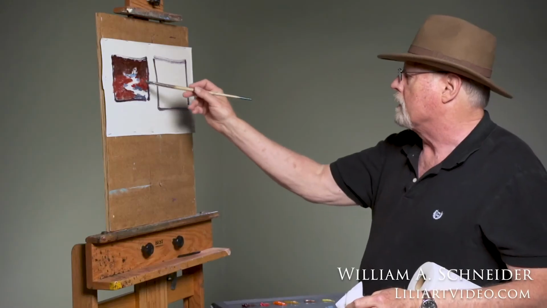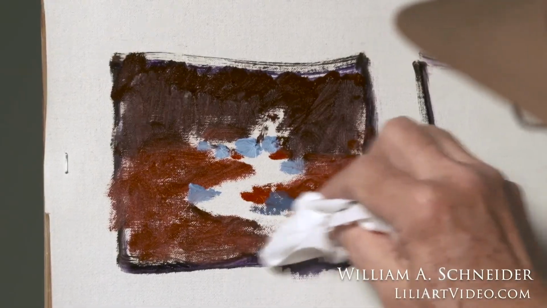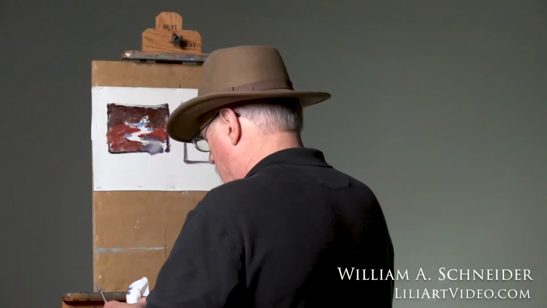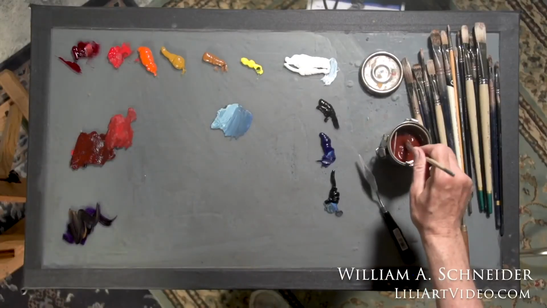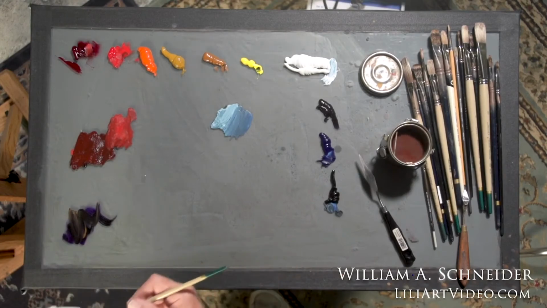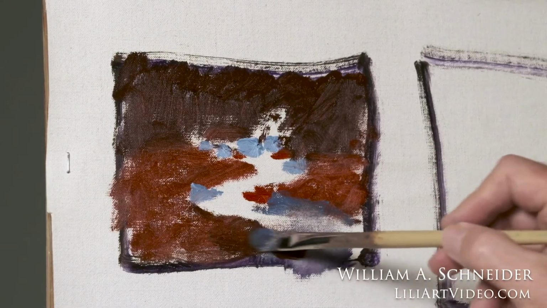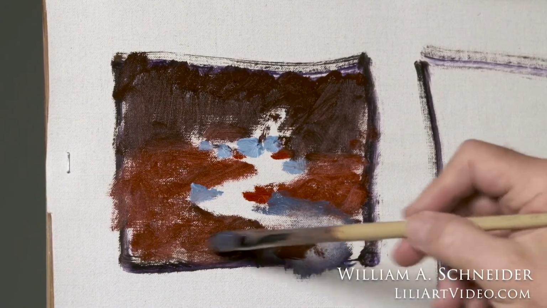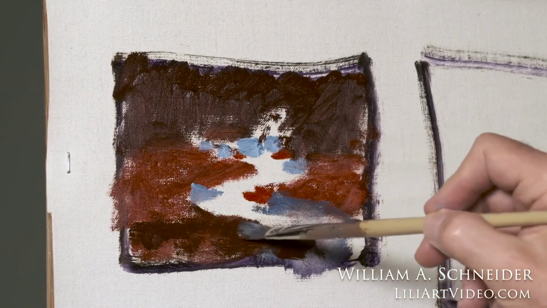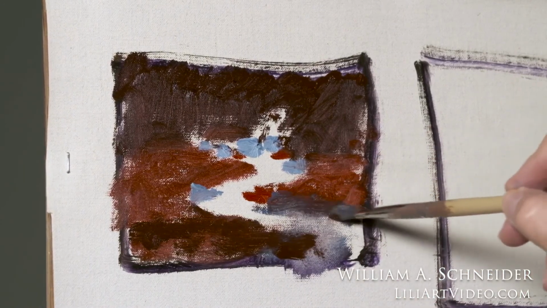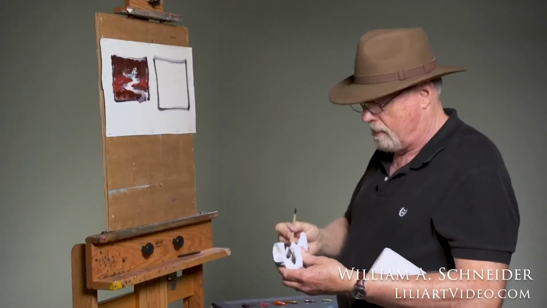I may cover that up because I don't want to have the center of interest down here. In fact, I'm going to get rid of this one. I can cover that with a red. Try to keep the centers of interest up higher.